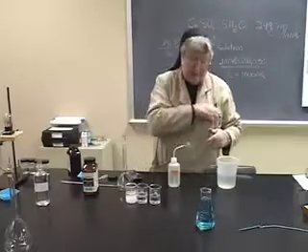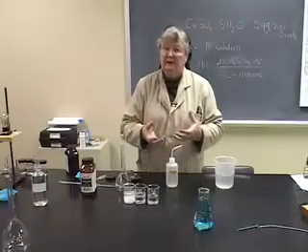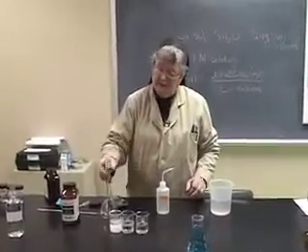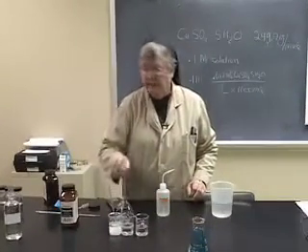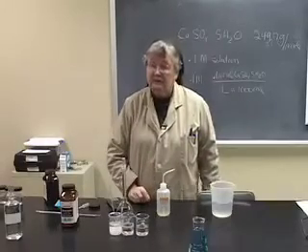Then I might ask myself, so that's how you make up a solution when you start with a solid. You weigh the right amount, convert the moles that you want into grams, and dissolve it to make up a solution. The second kind of solution that you would be making would be by dilution.